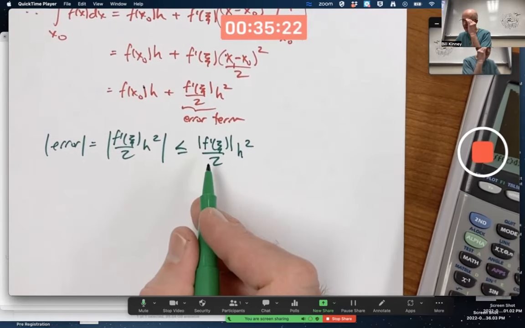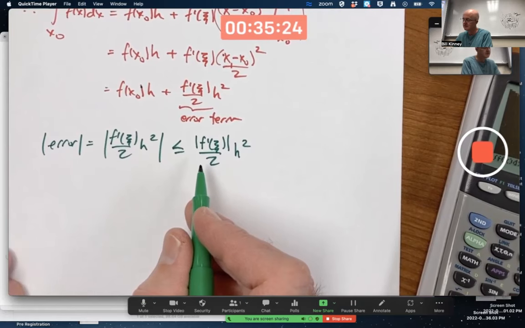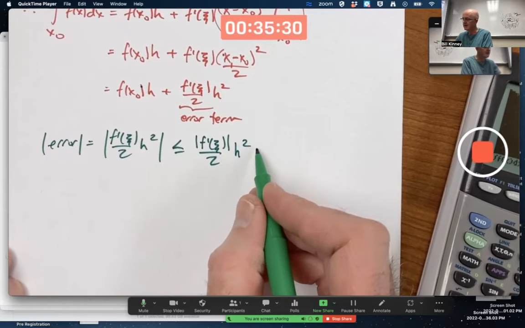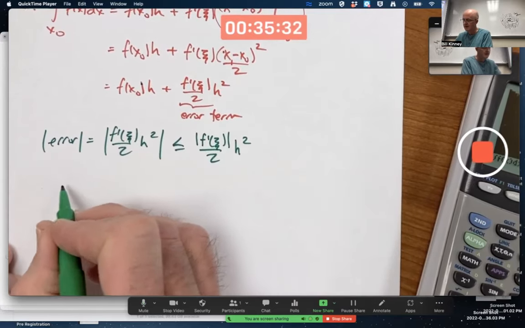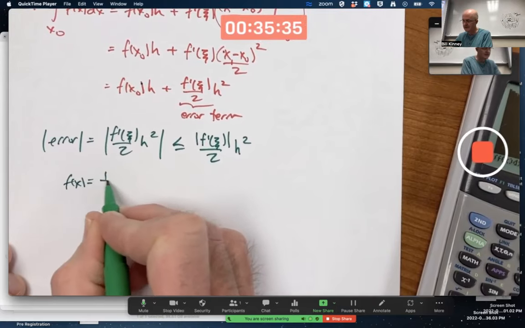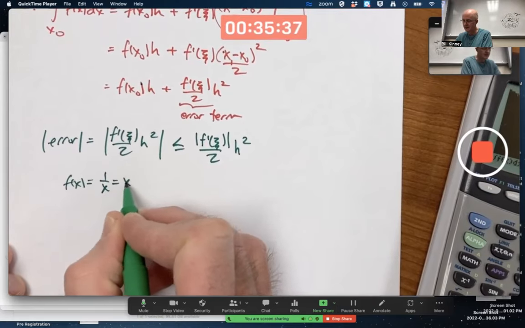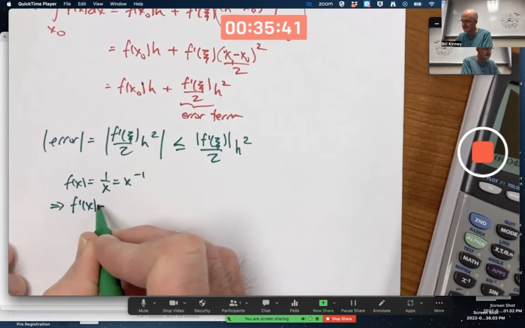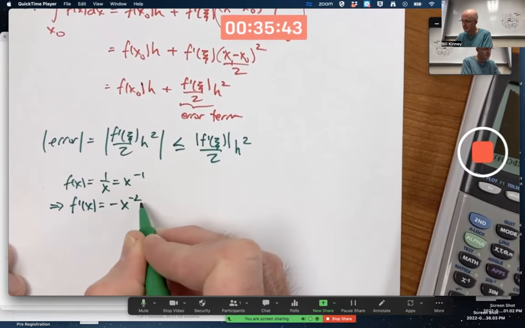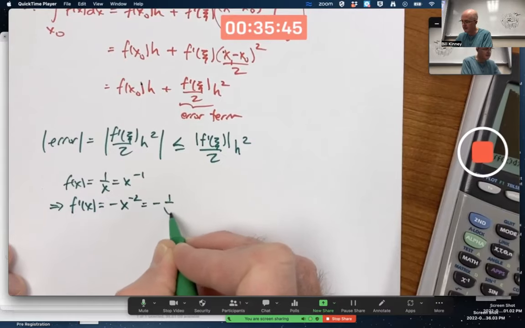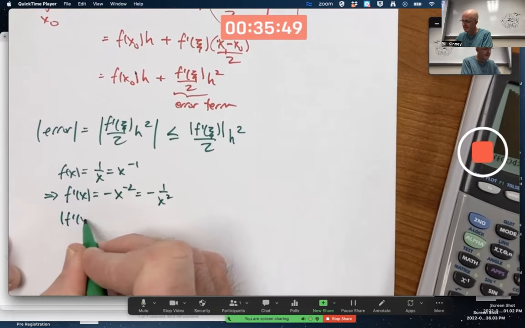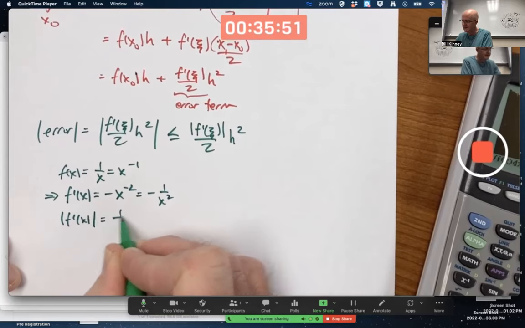If I can find an upper bound for the derivative of the function we're integrating, 1 over x, on this interval, then I can get an upper bound here. Again, f of x is 1 over x, which is x to the negative 1. So f prime of x is negative x to the negative 2, negative 1 over x squared. The absolute value of that gets rid of the negative sign.